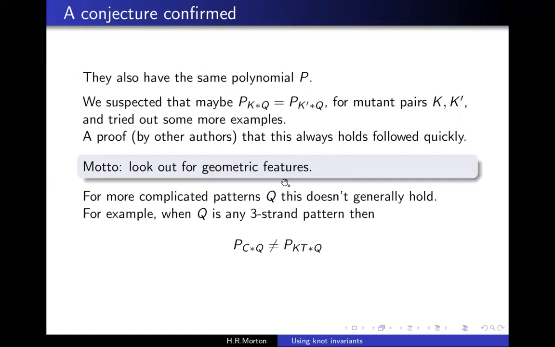For more complicated patterns, Q, by the way, this doesn't always hold for mutants. When Q is a three-stranded pattern rather than a two-stranded pattern, you will get a difference. And just one other little historical point there.